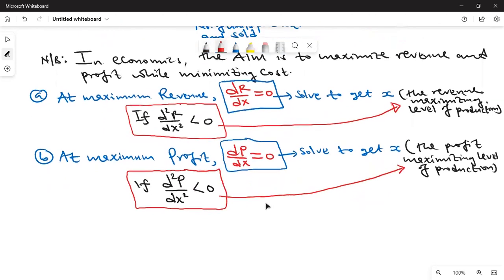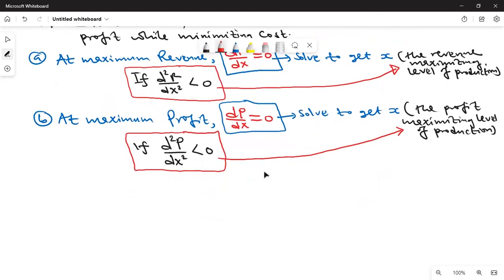Another one is, how do you minimize cost? So part C, we can talk of at minimum cost. What do we know? To minimize cost, again, you require that the derivative of the cost function with respect to x must be equal to 0.